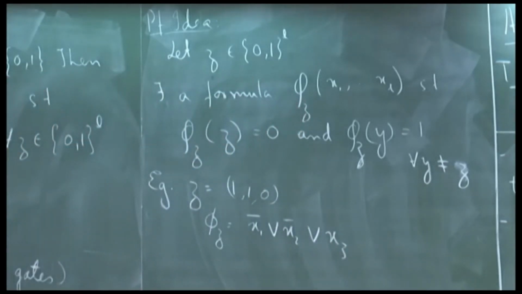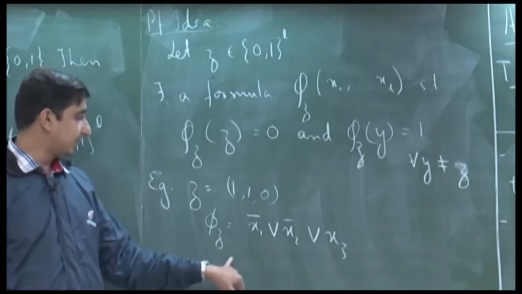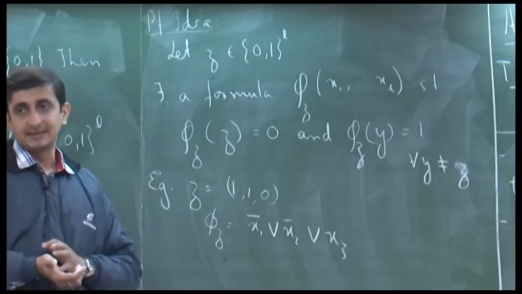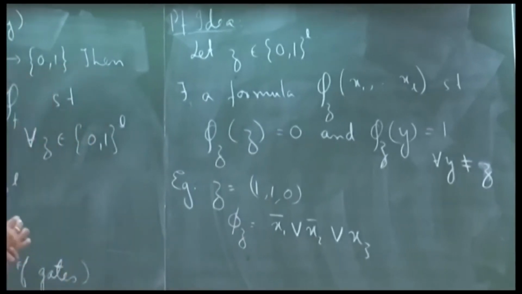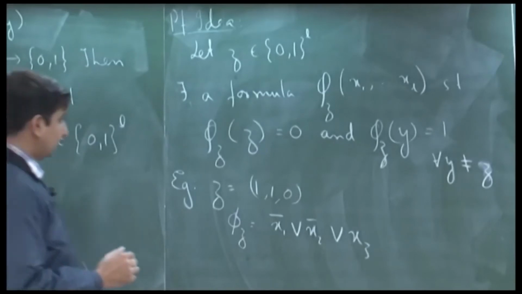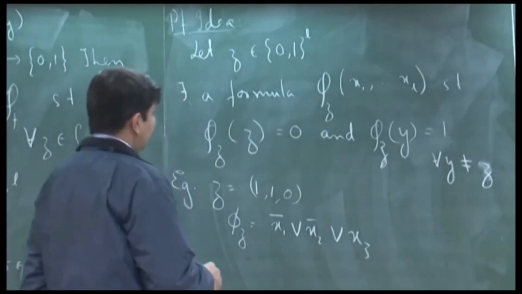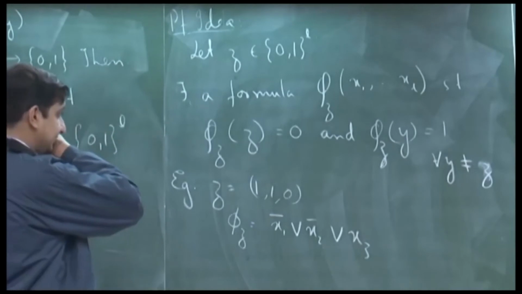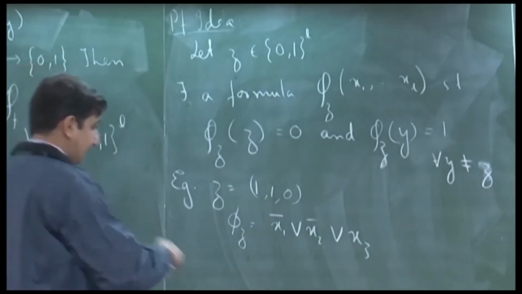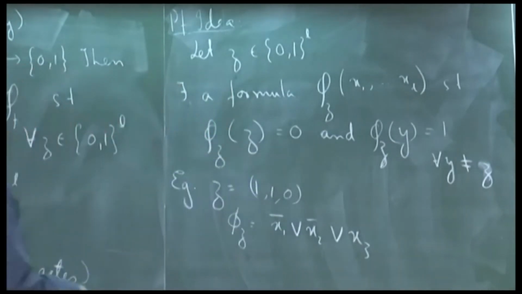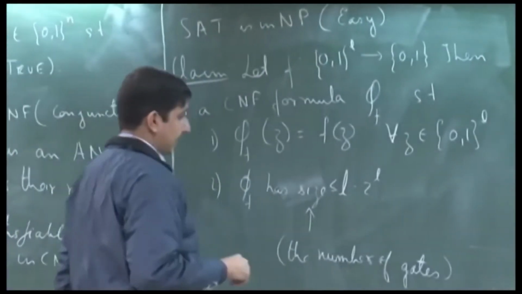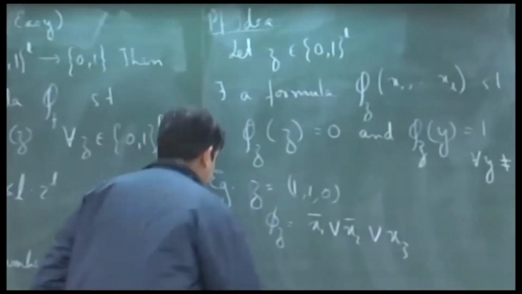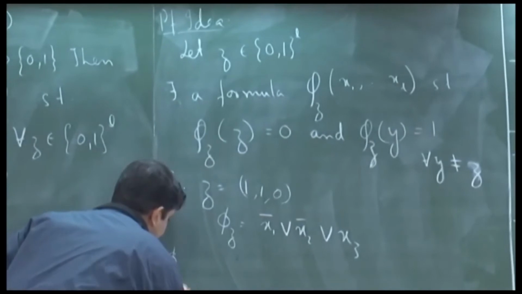So, the only string for which this formula would evaluate to 0 is Z and nothing else. Now that we can do this, let us construct the formula phi f. What would phi f look like?